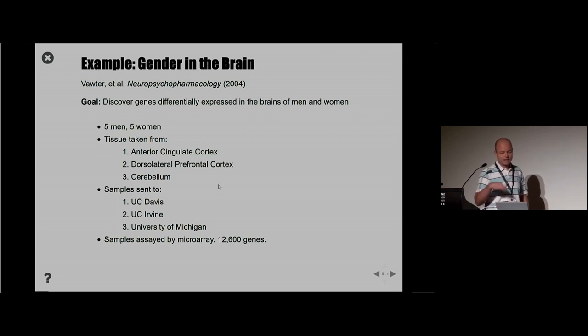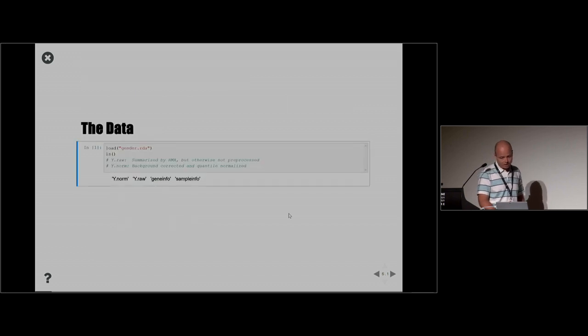This is a total of 30 tissue samples, 3 samples from each of 10 people. They then sent aliquots of each of these 30 tissue samples to 3 different labs: Davis, Irvine, and Michigan. And at each of these labs, they assayed the samples with a microarray and got gene expression data on 12,600 genes.